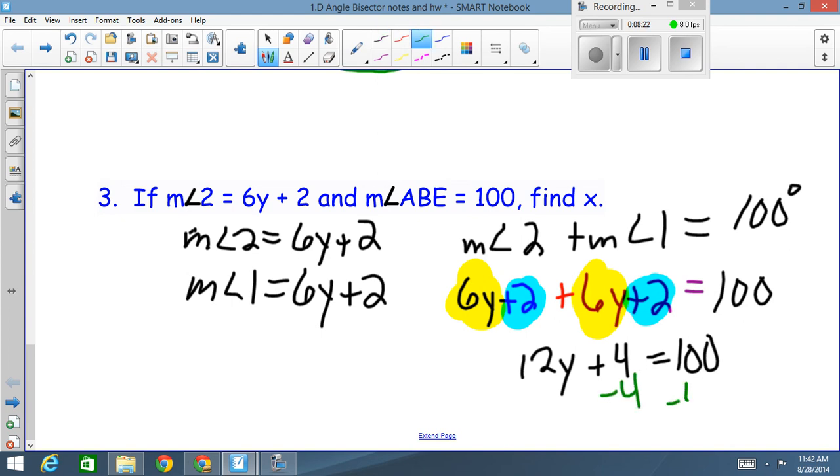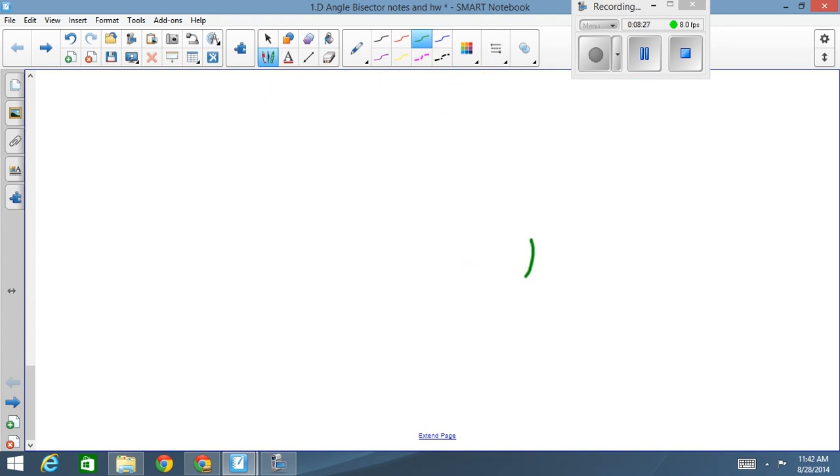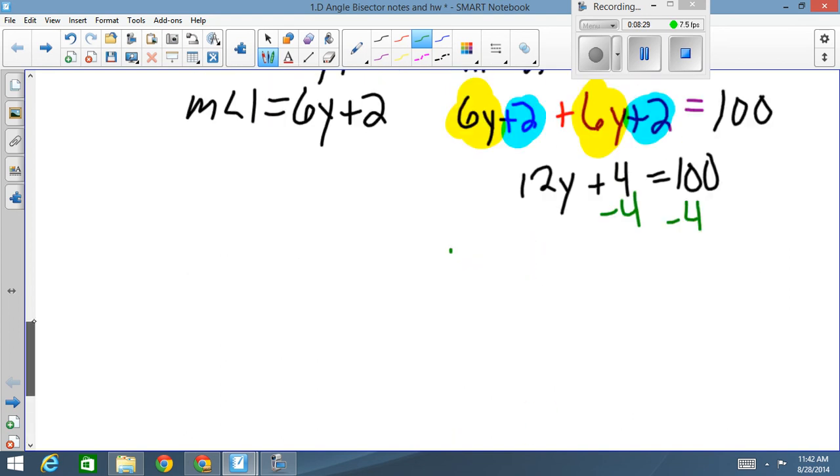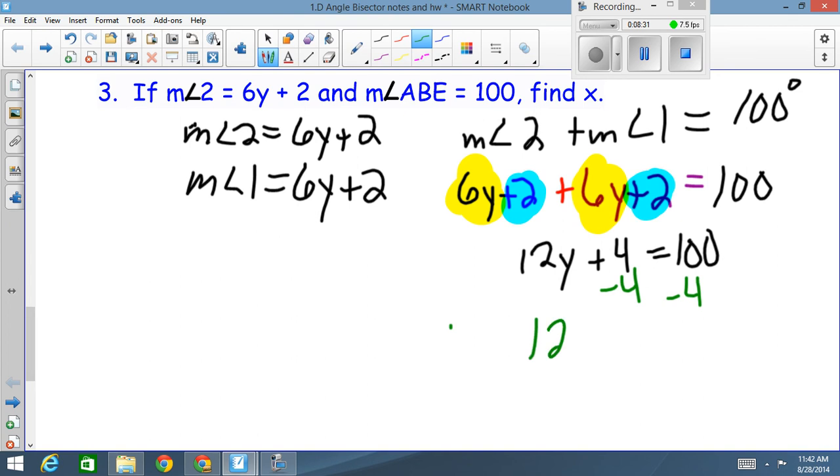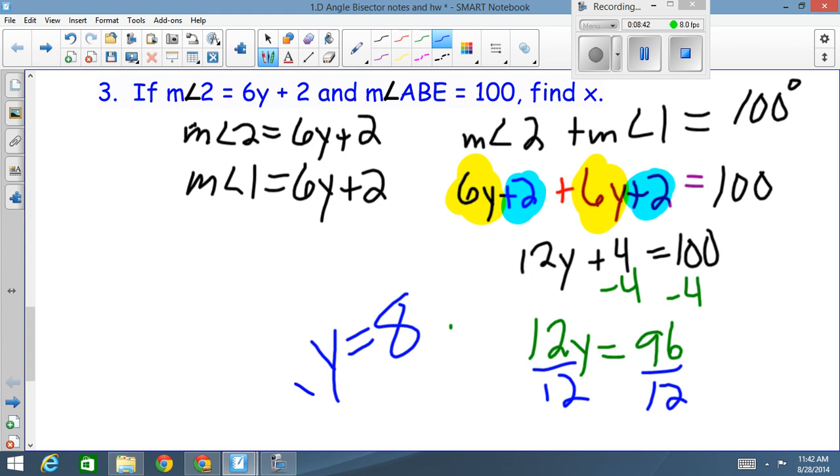Subtract 4 from both sides. So I have 12y equals 96. Divide both sides by 12. And 96 divided by 12 happens to come out to 8. Y is equal to 8.